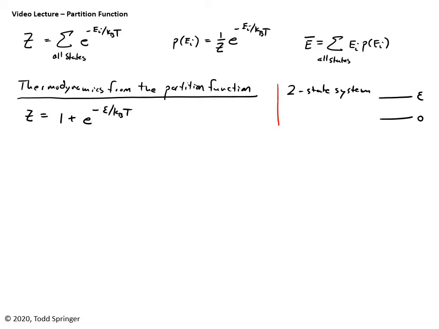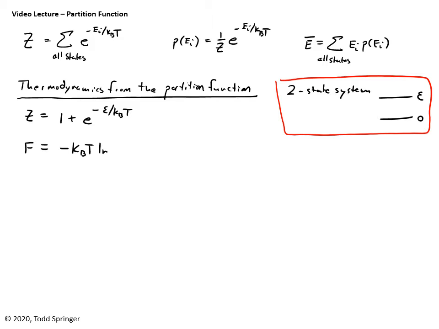We already have a formula for the energy, but let's try to determine the entropy just using the partition function. So we have the partition function Z here, and what I need to do next is calculate the free energy. That's minus kBT natural log of Z, which is minus kBT natural log of 1 plus e to the minus epsilon over kBT.